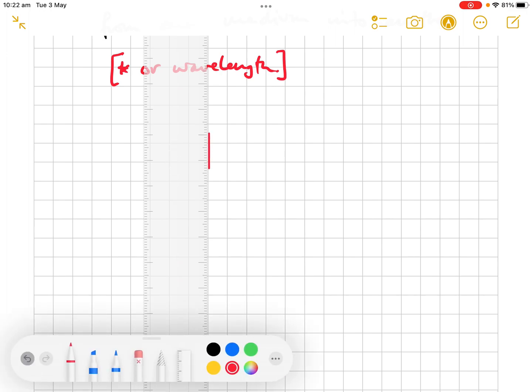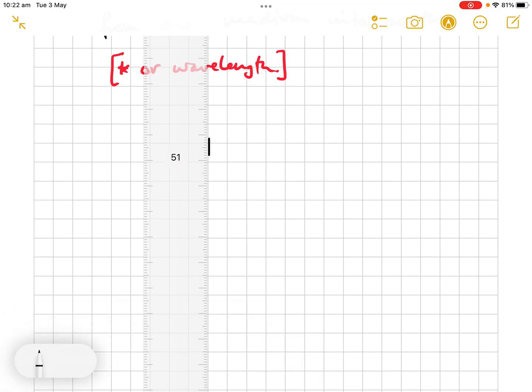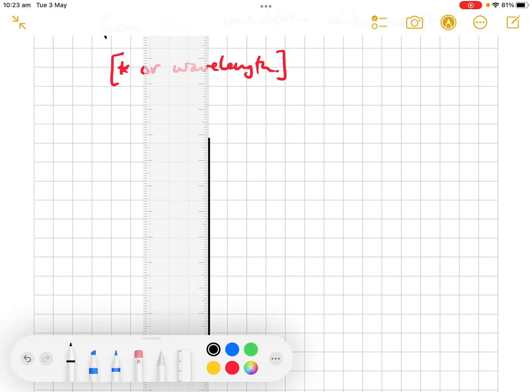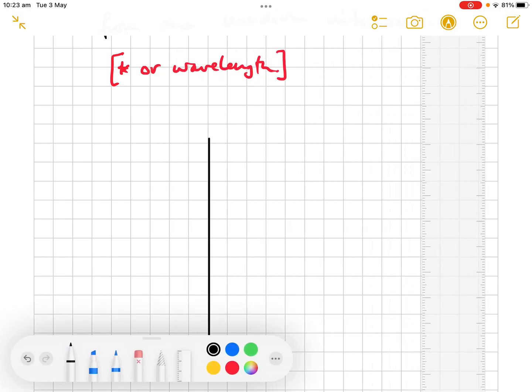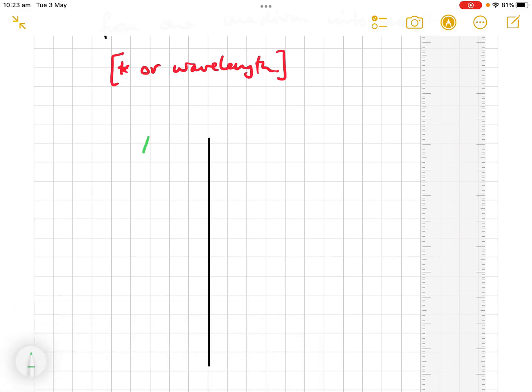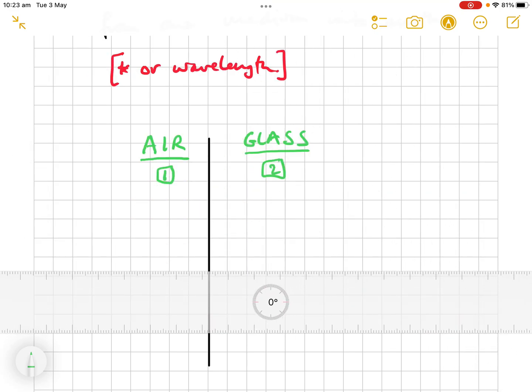Let's make this a different colour. So let's imagine that we have air on this side and glass on the other side. So that's medium 1 and medium 2.